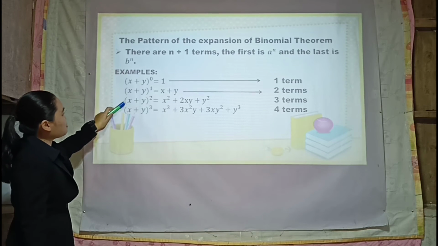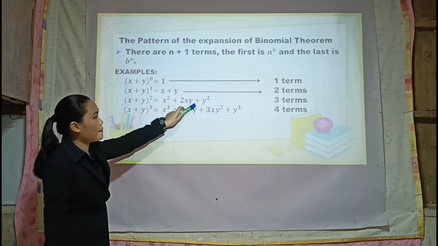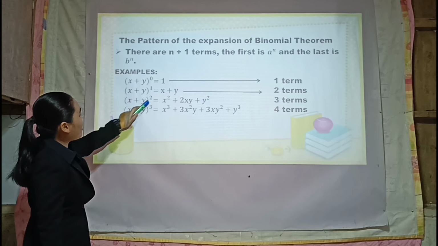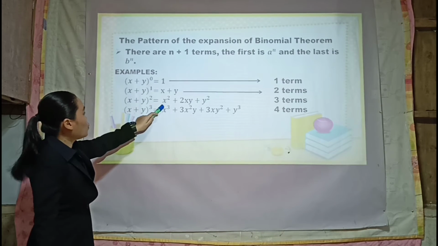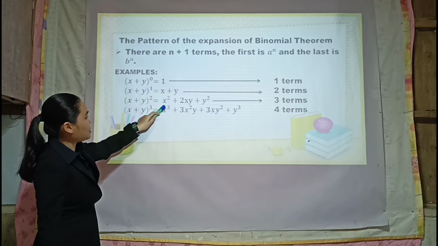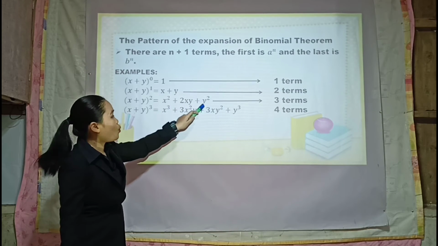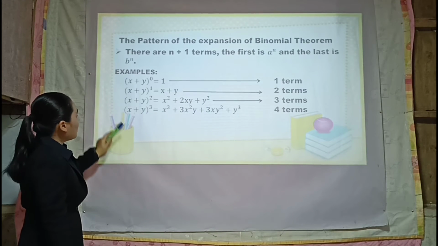Next, we have x plus y squared equals x squared plus 2xy plus y squared. In this example, our n is 2. So, 2 plus 1, we have 3 terms, the x squared, 2xy, and y squared. We have 1, 2, 3. So, we have 3 terms.